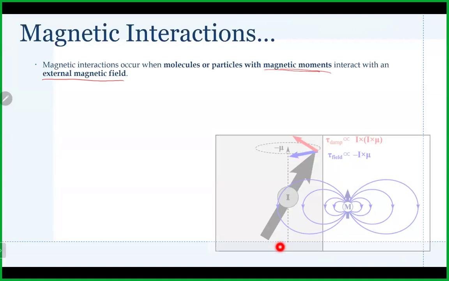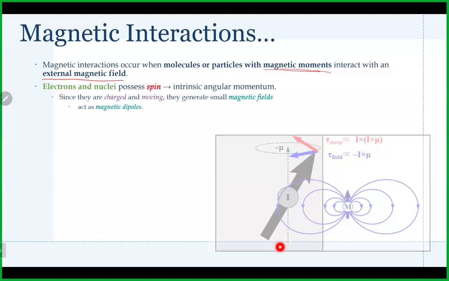Particles with magnetic moment, for example, a nail and a magnet. Electrons and nuclei have something that we call spin. It used to be said that spin is the nucleus moving about its center, but there's still much research going on it.